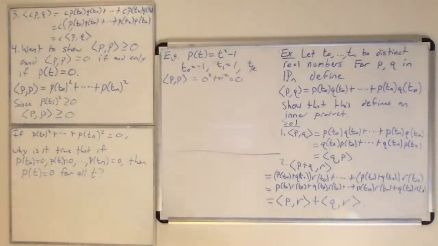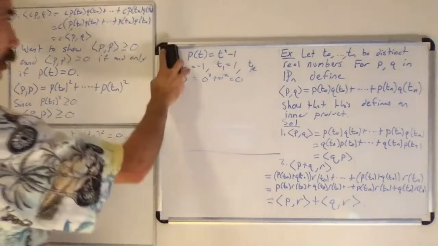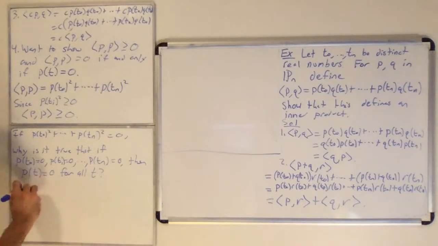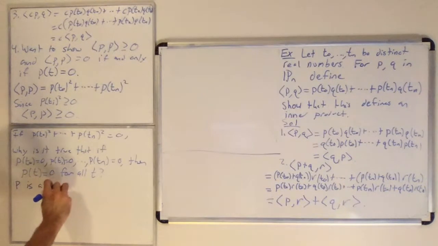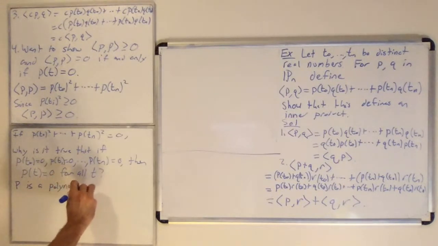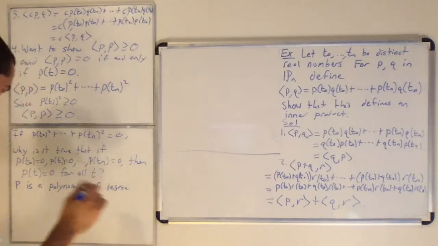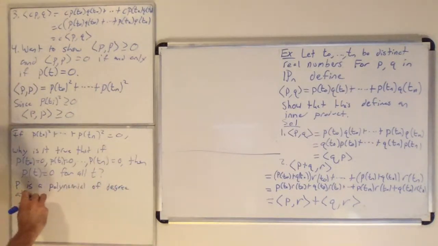The big idea is, so I'm going to erase this, it's not terribly important. P is a polynomial of degree at most n, which means P has at most n roots unless it's the zero polynomial.